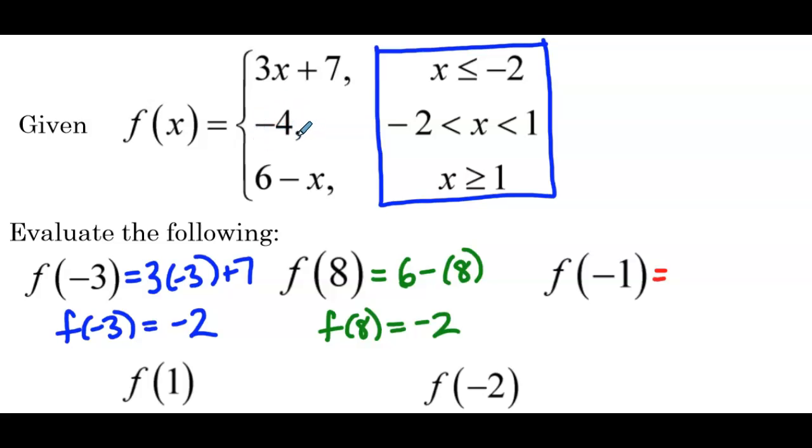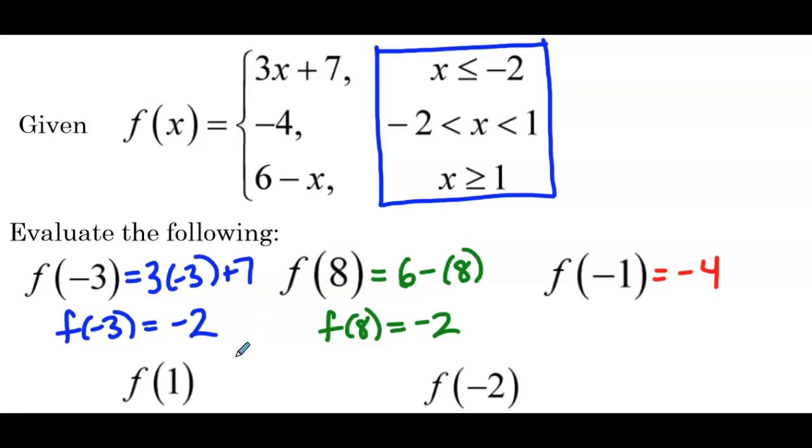What this piece is telling us is if x falls in this domain restriction, the output's just negative 4. That's it. F of negative 1 is negative 4, and we're done. We don't have to do any simplification. There's no x to substitute our input in for. So we don't change anything. Keep it simple. Negative 4 is the output when x falls in this domain.